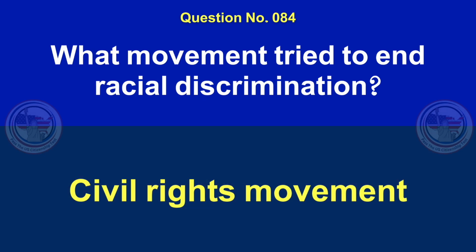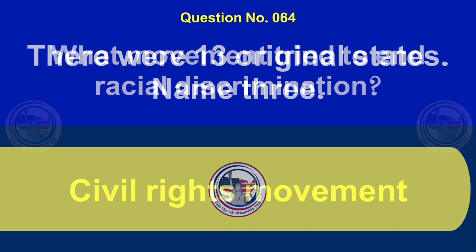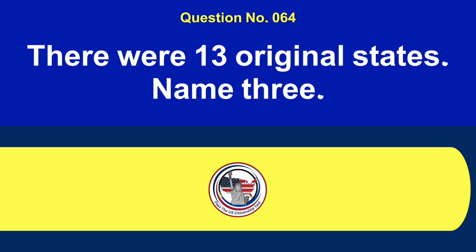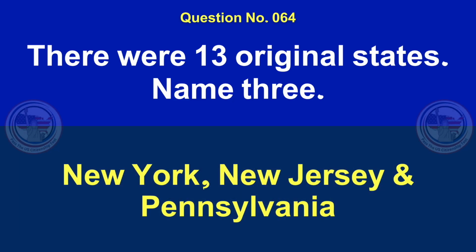Civil rights movement. There were 13 original states. Name 3. New York, New Jersey, and Pennsylvania.